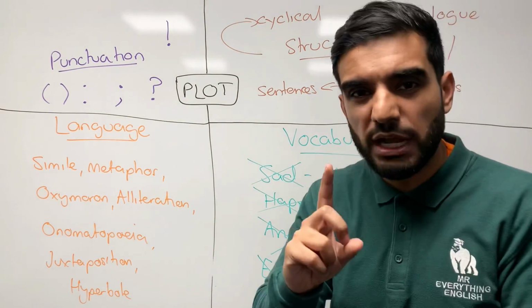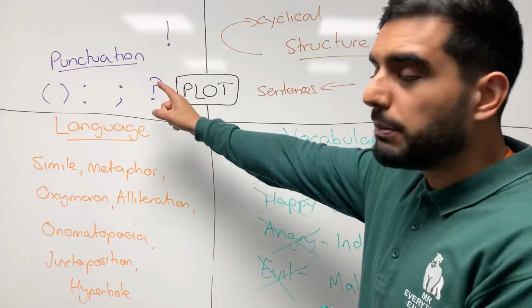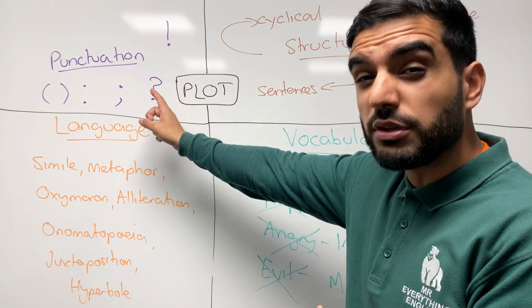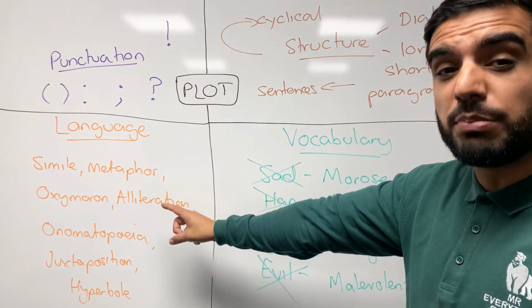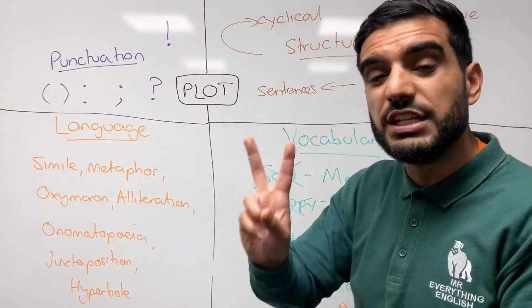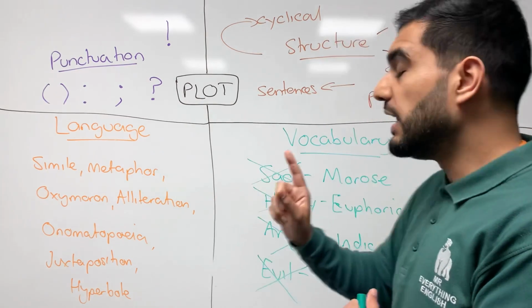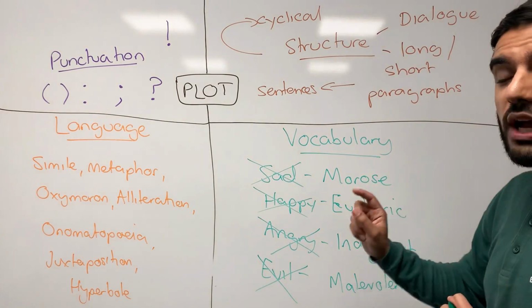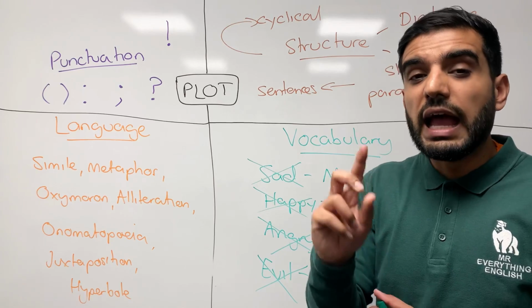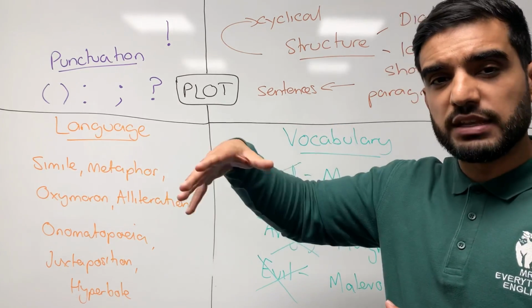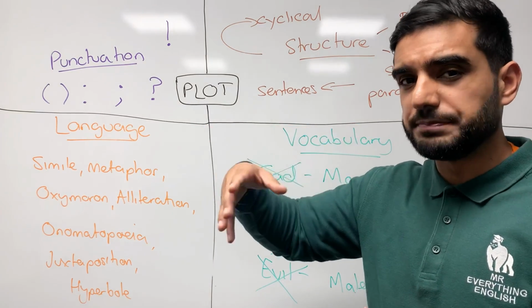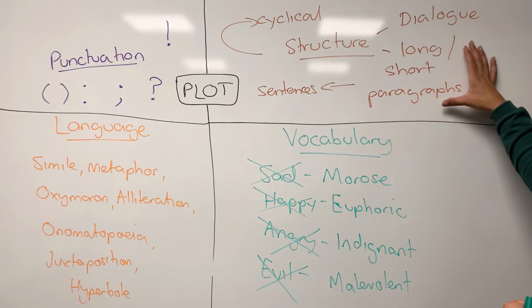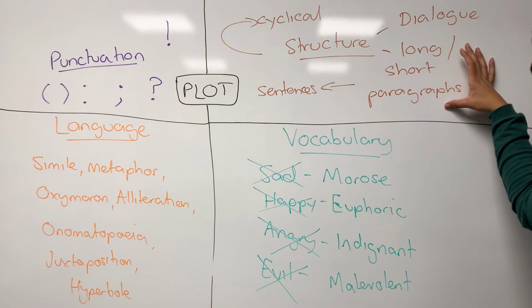In every single paragraph, you want to have 1 piece of punctuation, other than commas and full stops. In every single paragraph, you want to have 2 different language devices. In every single paragraph, you want to have 2 ambitious words. And throughout your piece of writing, you want to have 2 short paragraphs that are no more than 1 line long.